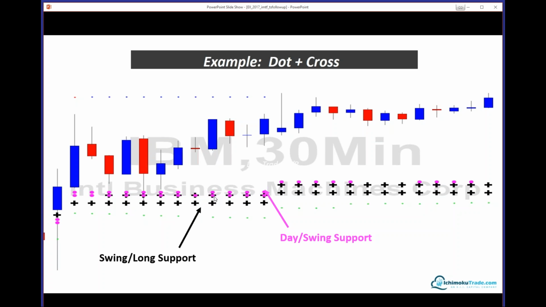But you can have a scenario where you have two dots on one bar or two crosses on one bar, and that's when two IMTF levels have matched up. The levels have matched up at two different levels, and they're probably close to each other, believe it or not. So it's like a little zone that you're getting for the IMTF levels. Okay, it doesn't occur often, but it does occur, so you need to be cautious of that.